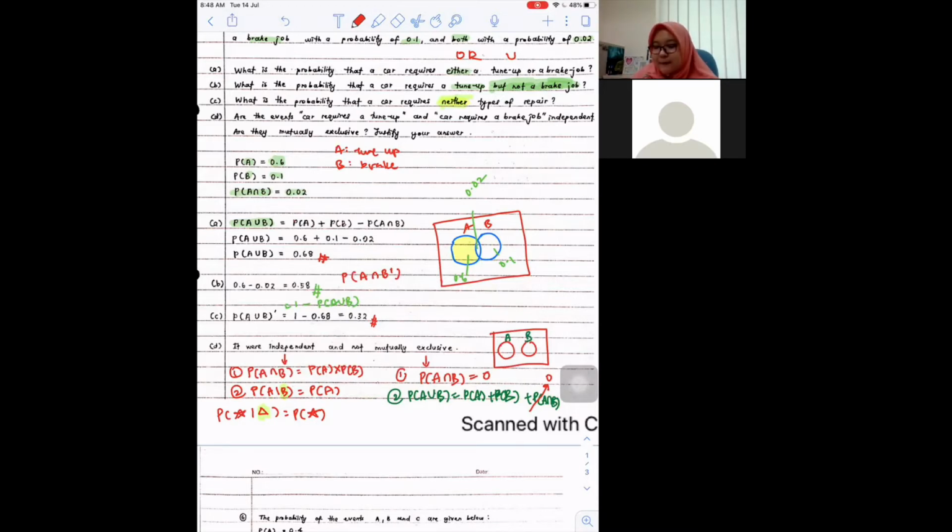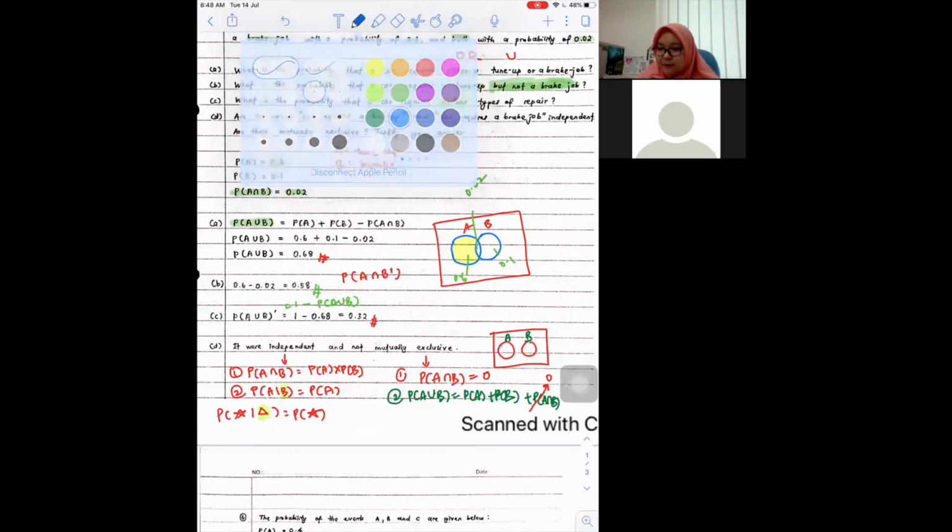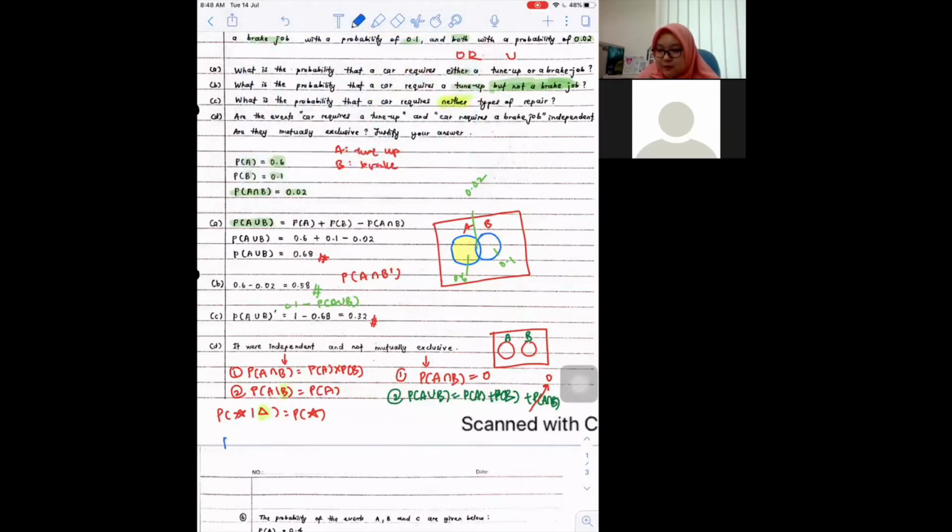Okay, so now how to check it is independent? We already have this P(A intersect B). Okay, let's check using this formula. If it is independent, these two must be equal. So we already have this answer here, this is 0.02.